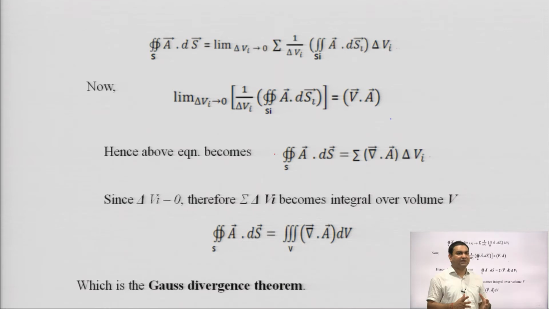This is the significance, this is the proof, and there are different mathematical analyses and different formulations also to prove this Gauss divergence theorem. But it is important that we understand and remember the Gauss divergence theorem: it is the relationship between the surface integral and the volume integral.